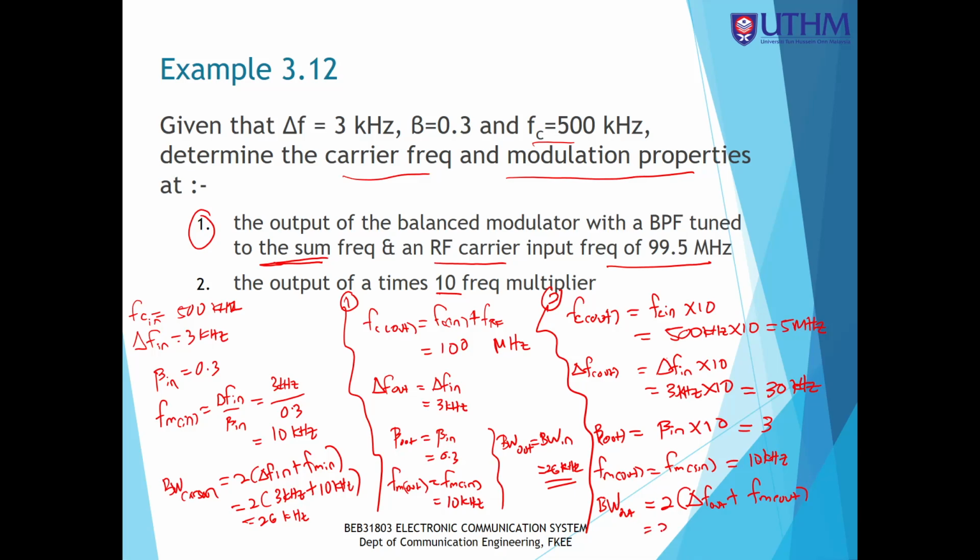Delta F out is 30 plus 10, 40 times 2, so 80 kilohertz. This is if I'm using the bandwidth by Carson.